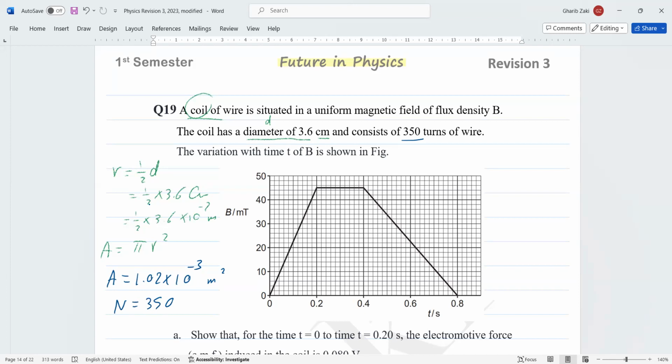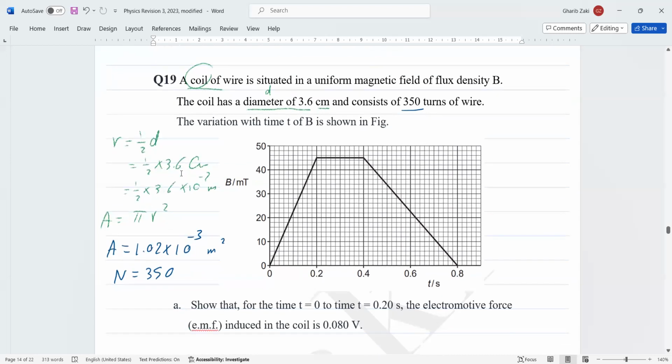Now, show that for the time t equals 0 to time 0.2 in this time interval, the electromotive force is 0.08 volt. What is EMF?